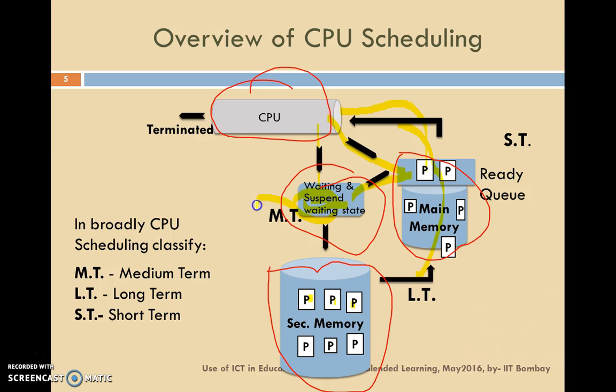Then the medium-term scheduler comes into the picture, and they swap that process out. Later, if the process actually requires execution again, the long-term scheduler schedules it again into main memory, and likewise this execution happens. Broadly, I mentioned this in this diagram.